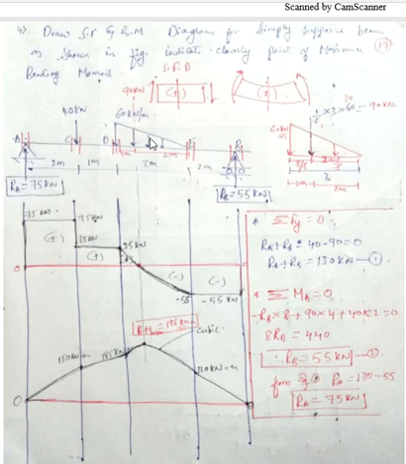Okay, now one more thing you need to understand here is, whenever there was a UDL, I can come from the right side or I can come from the left side. Whenever there is a UVL, always come from that end where the UVL gets to zero load intensity. Here you can see that it has an intensity of 0, and here it is maximum, because if I come from where the intensity is 0, it is easy to analyze.